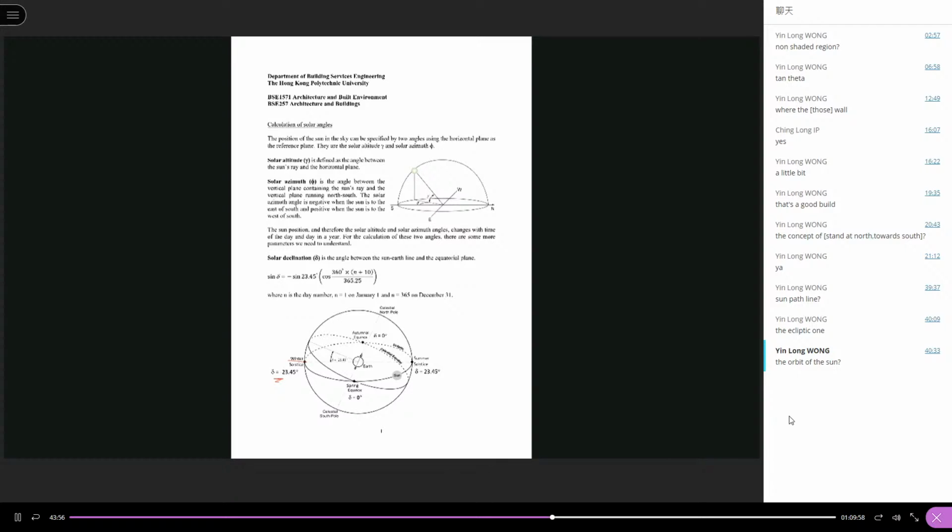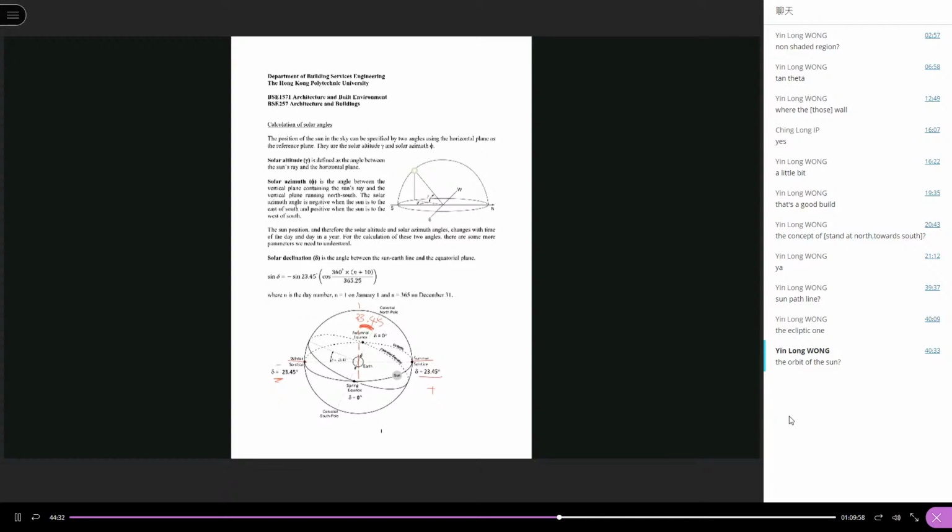This angle is actually the tilting angle of the Earth's north to south axis. Similarly, for the summer solstice, the solar declination is also the largest value, 23.45, but this time it is positive. In the winter it is negative.